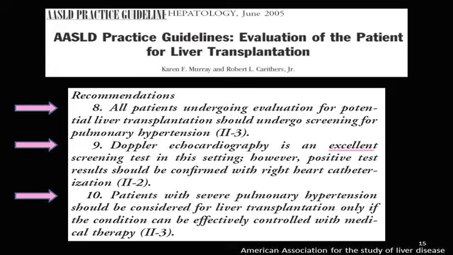They mention here that in order to evaluate those patients, you need to do a screening for pulmonary hypertension using echocardiography. They even went further and called echocardiography excellent, which I don't agree with, but they really like the echo. But they made the caveat that if you have a positive echo, please confirm that with a right heart catheterization.